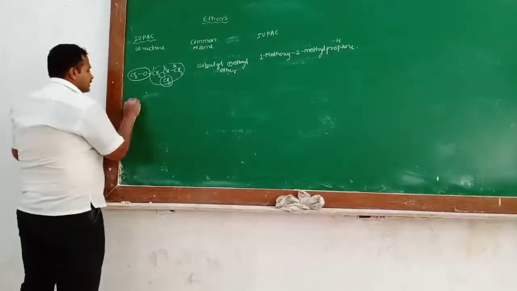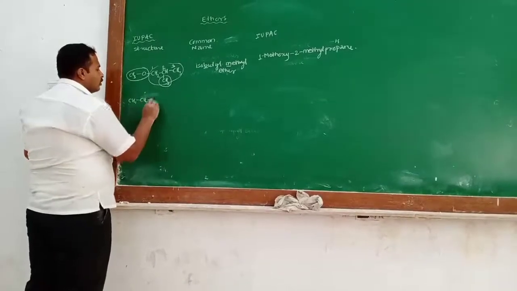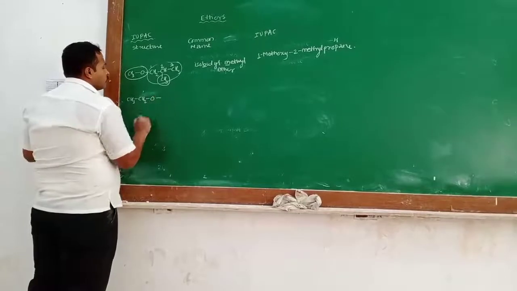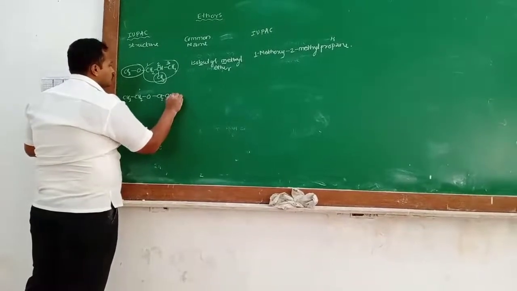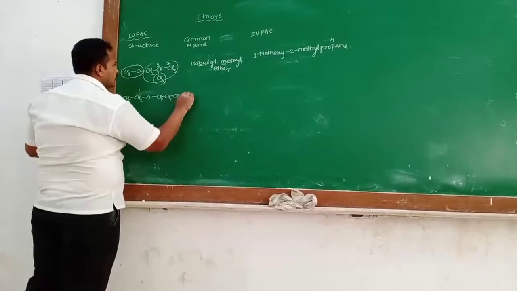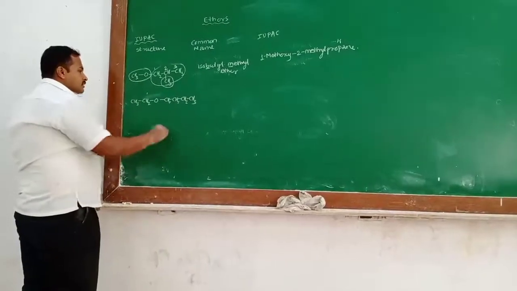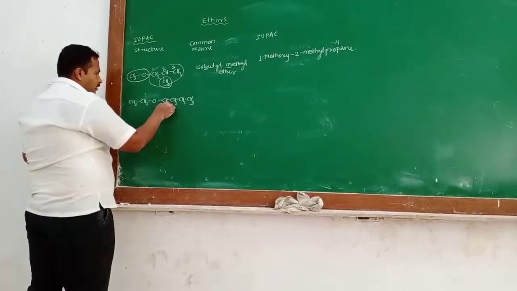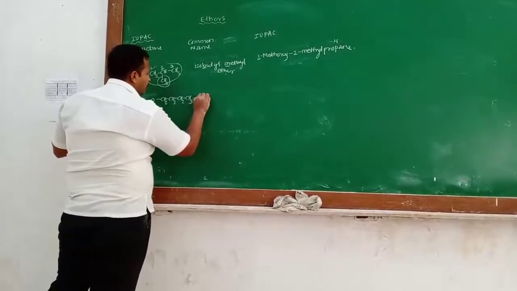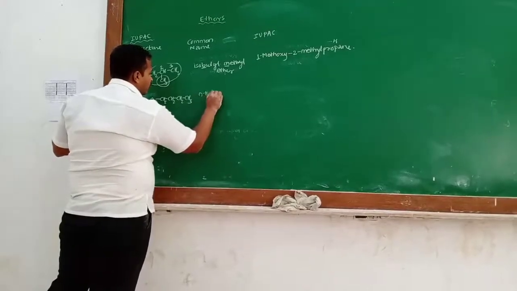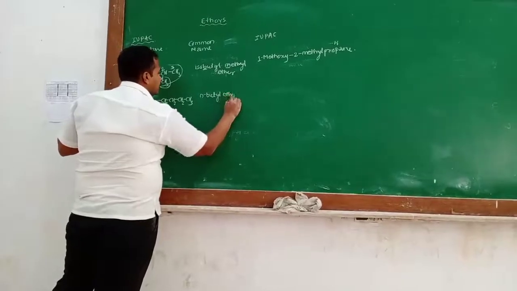We can take another example. CH3 CH2 O CH2 CH3. Tell me the IUPAC name of the compound. In this case, it is an N-butyl group because the terminal group is attached to the oxygen atom. Therefore, the common name is N-butyl ethyl ether.